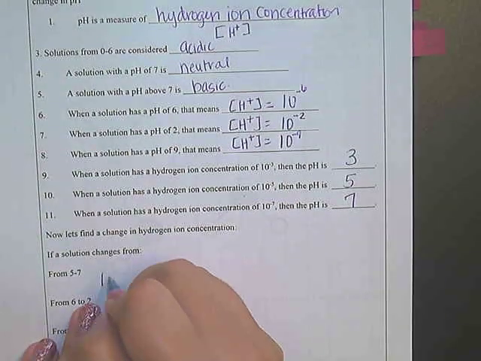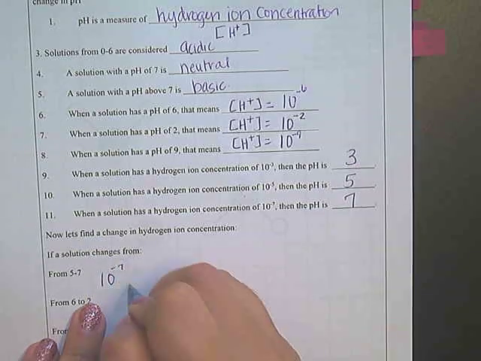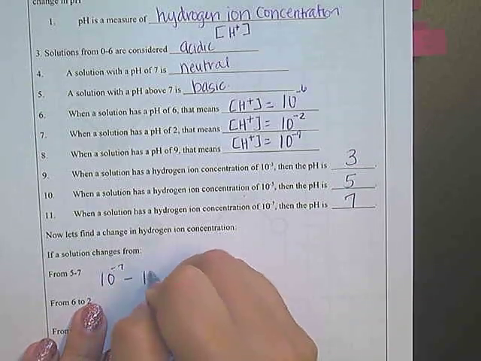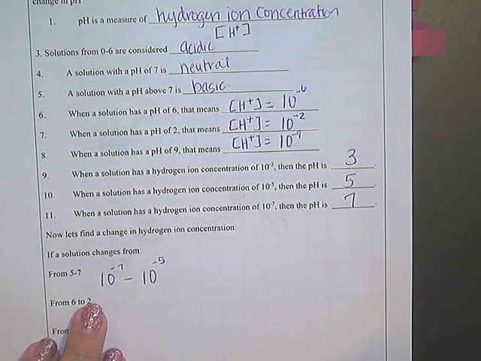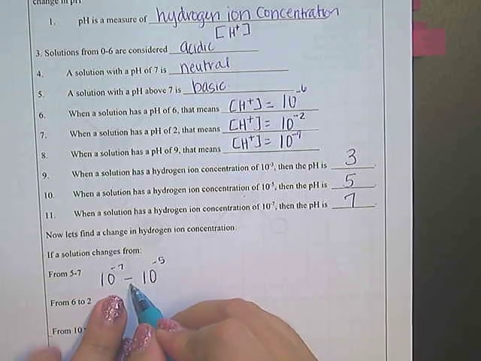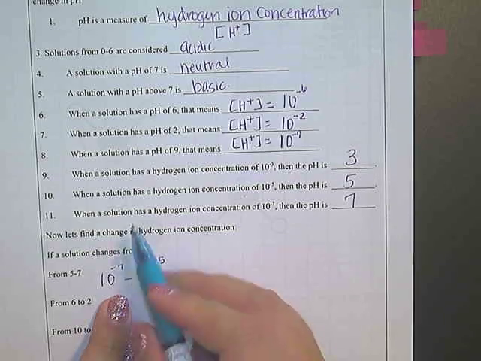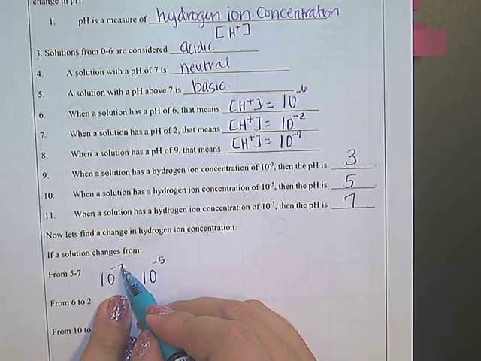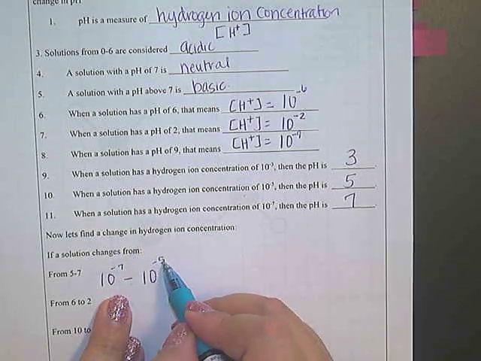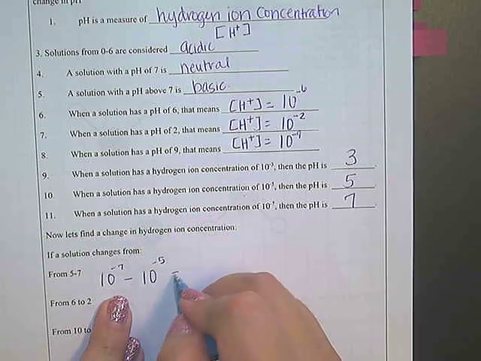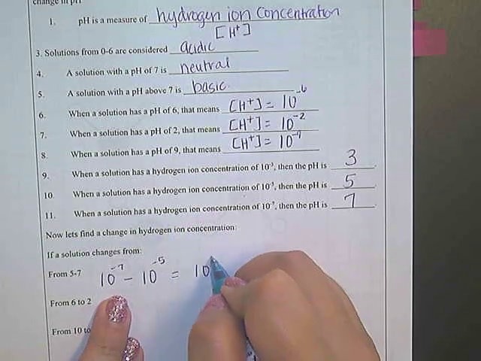So you would say 10 to the minus 7 minus 10 to the minus 5. Now that negative makes this negative positive. So you're going to take 7 to 5, and that's going to be 10 to the 2.